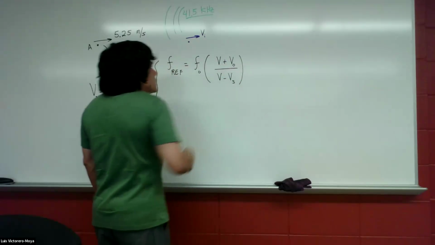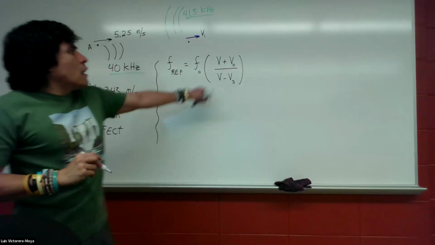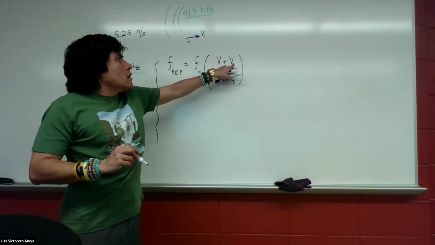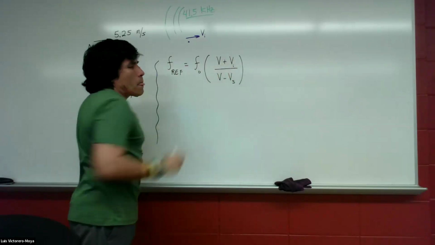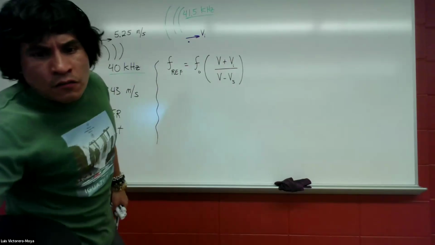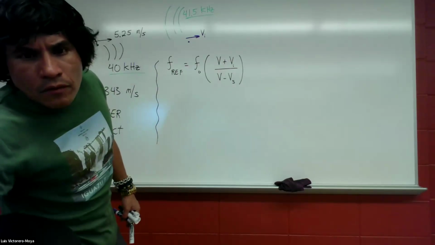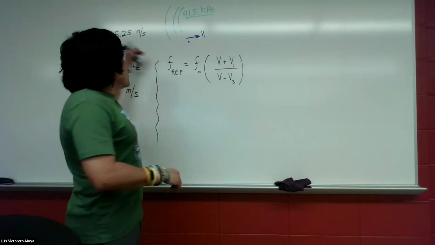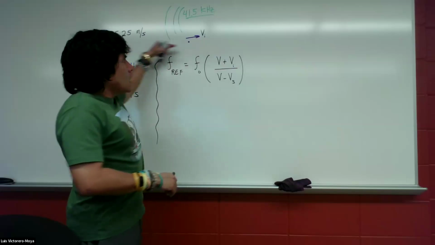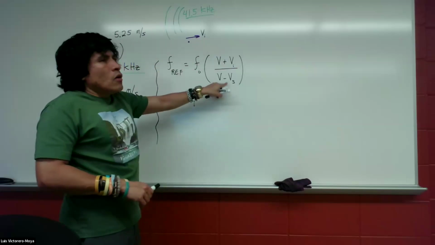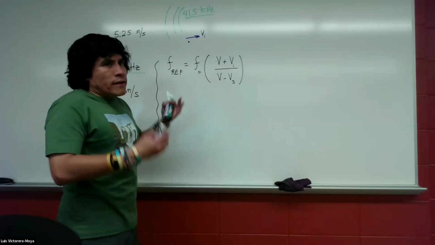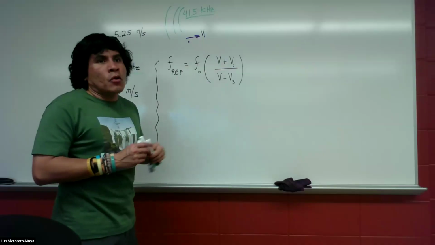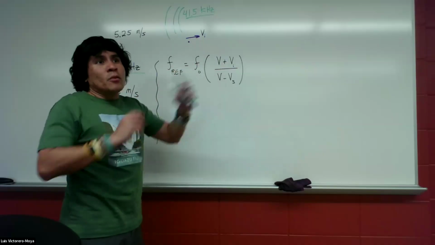So why am I adding the VO? Because that will be this. The insect is flying away. But the source is going towards the insect. So the frequency reflect will increase technically because the source is moving towards the object.